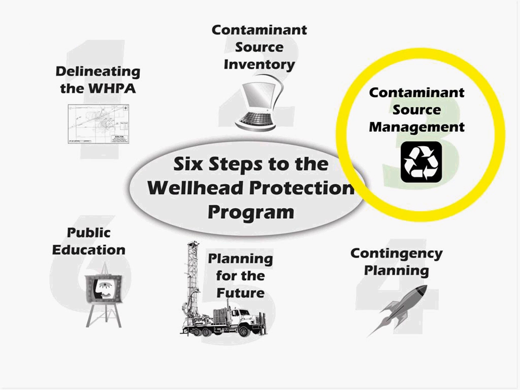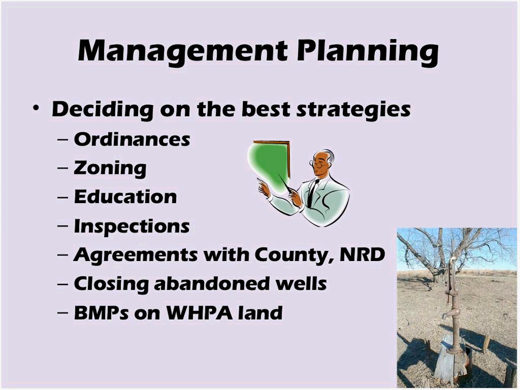The third step is managing these previously identified potential contaminant sources. What this means is identifying strategies that will have the greatest effect on reducing the threat of contamination to drinking water.